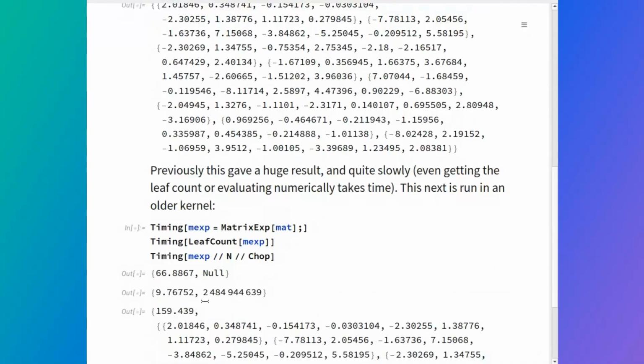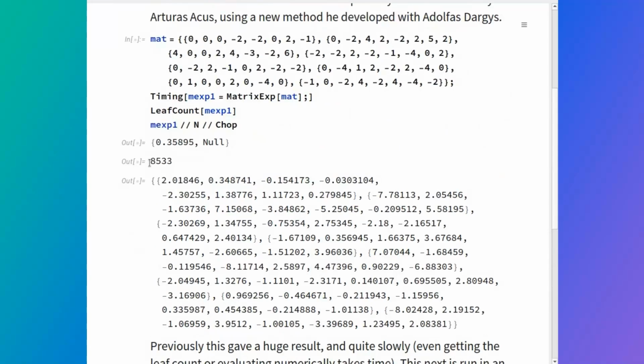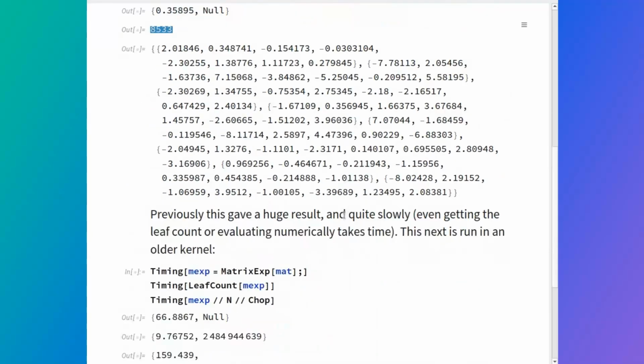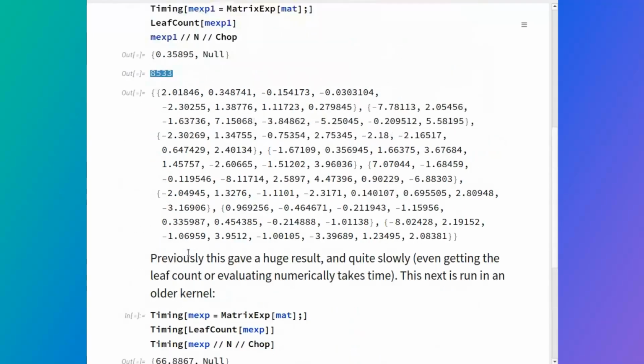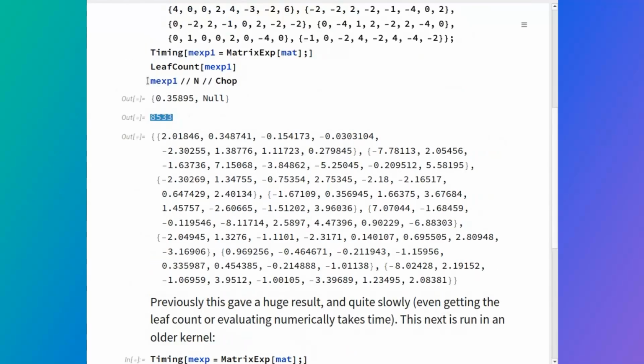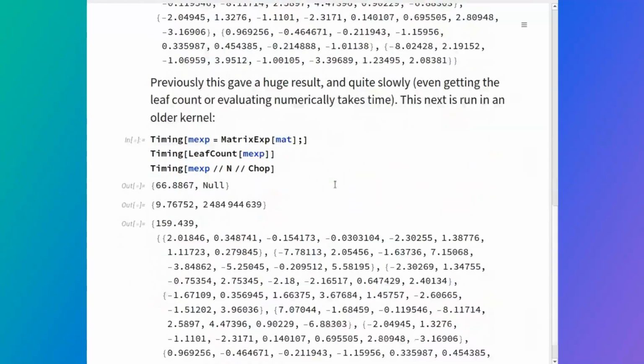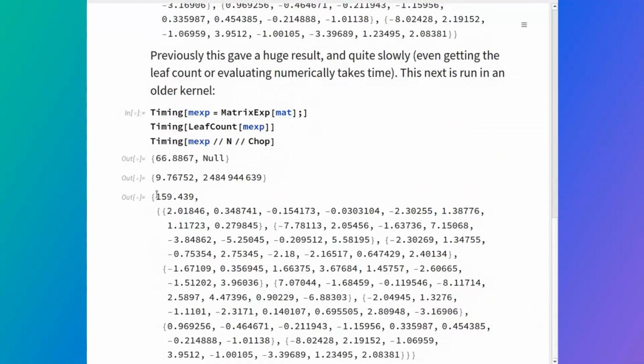A result that took almost 10 seconds just to get the leaf count is now immediate, and it's under 10,000. It's orders of magnitude smaller, and it evaluates numerically using N immediately, whereas before it took 2.5+ minutes.